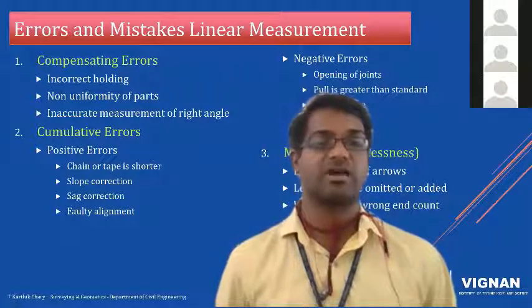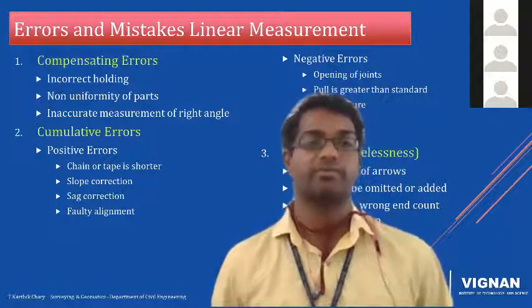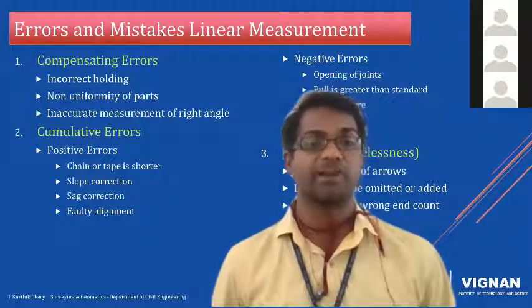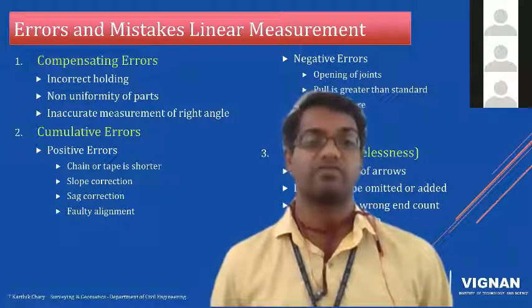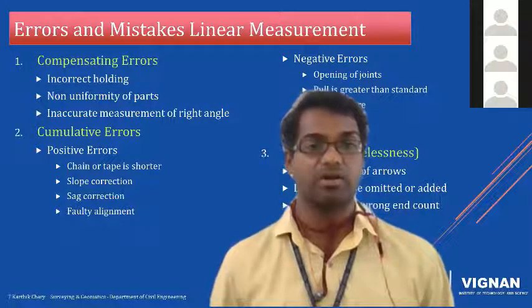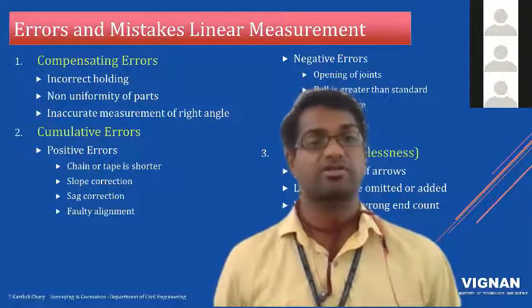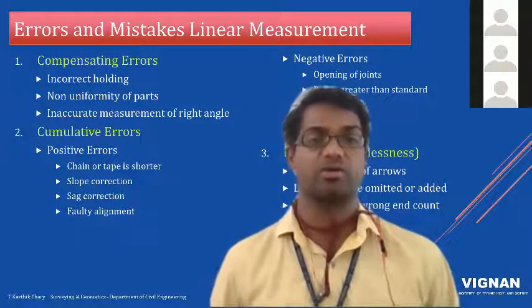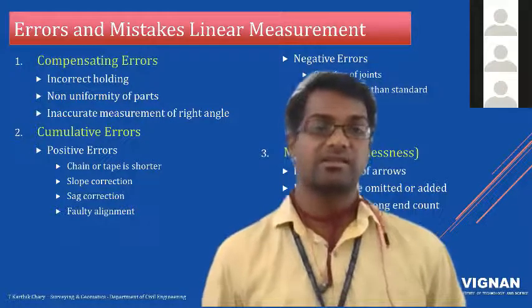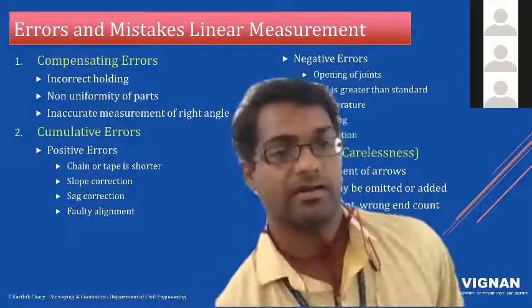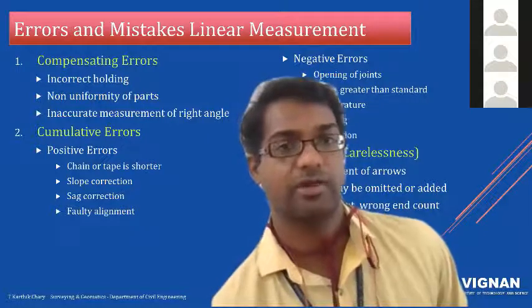Compensative errors are due to incorrect holding, like non-uniformity of parts, inaccurate measurements of right angle. So these are the common errors, and this can be a huge problem when you are taking measurements. The second kind of errors we call cumulative errors.